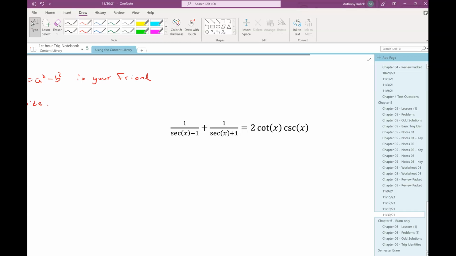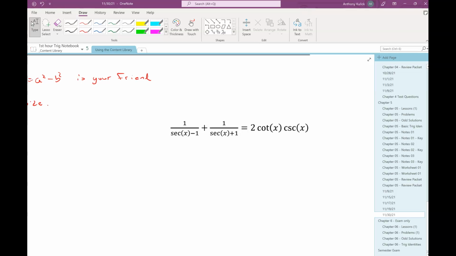So if I look at secant x minus 1 and secant x plus 1, those are my two denominators, what would the common denominator be? Jane? Very good. That's correct.